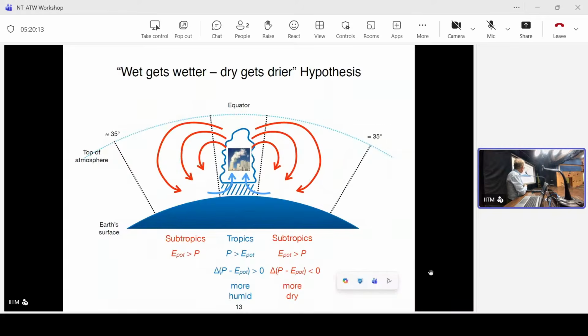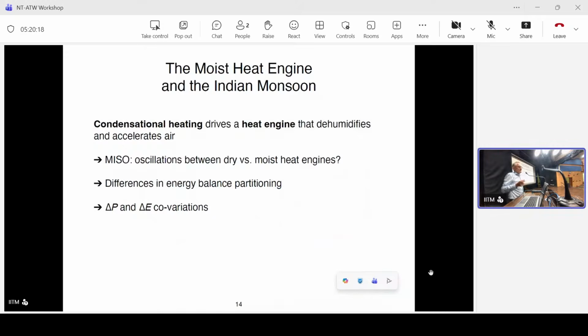Now, how this all relates to the Indian monsoon, I only have one slide, and it's my last one, because I'm really curious. I had some ideas, so this is what I came up with. Again, relating it to MISU: when you have periods of evaporation and precipitation, you have oscillations between the dominance of dry heat engines and moist heat engines.